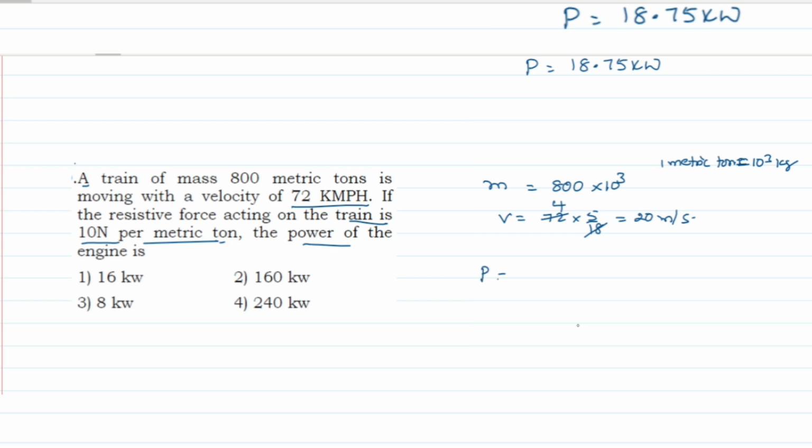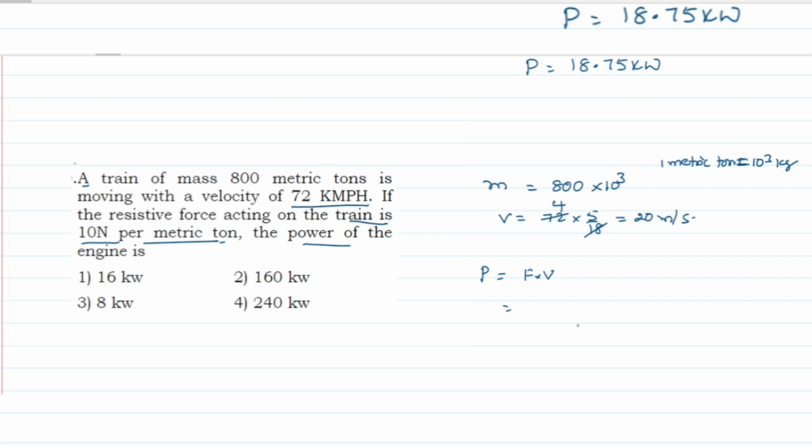So power, the formula is F into V, the instantaneous power F bar dot V bar. They will be moving along the same direction, so you can take F into V. Here 800 metric tons is moving. How much force is acting per metric ton is 10 newtons.